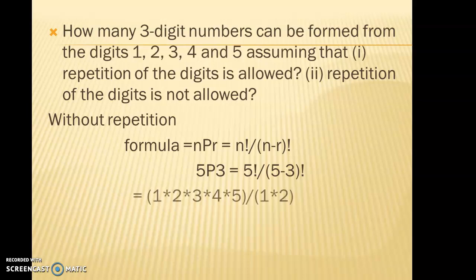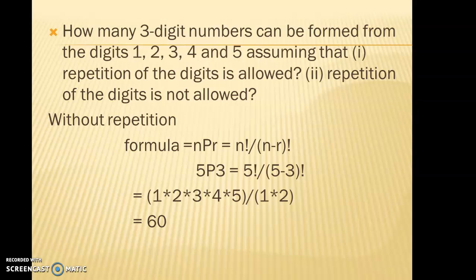Factorial of 5 is 1 into 2 into 3 into 4 into 5. 5 minus 3 is 2, and factorial of 2 is 1 into 2. When we strike out 1 into 2, you get 3 into 4 into 5. So the total choices will be 60.